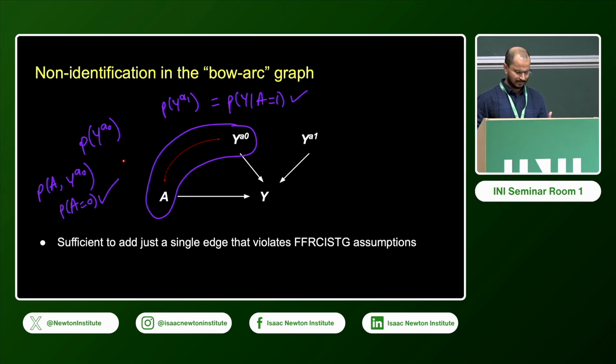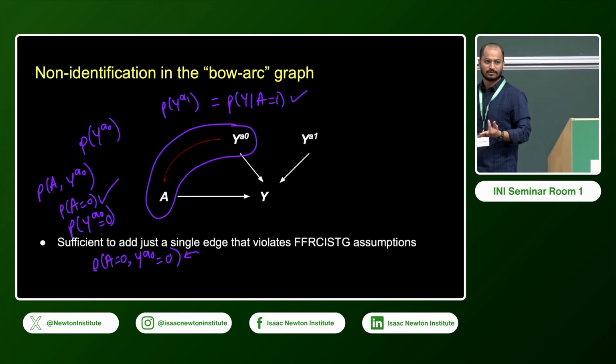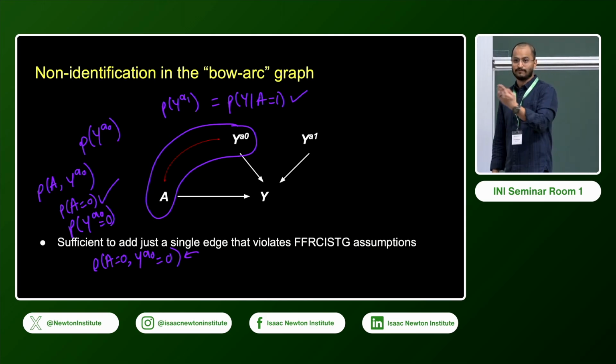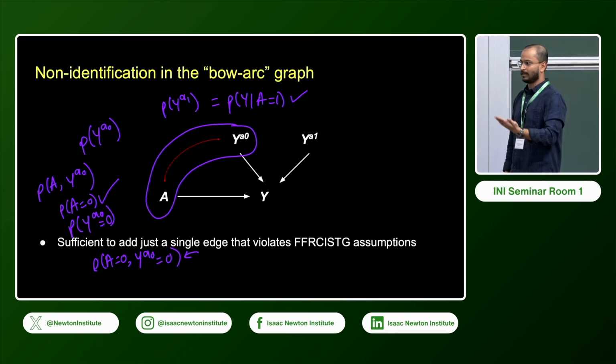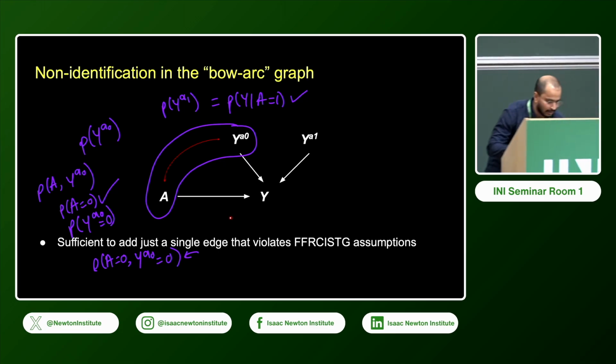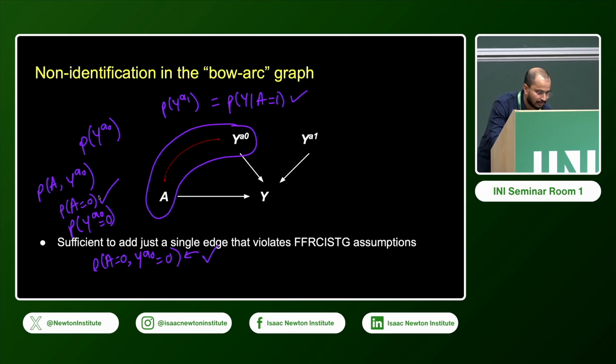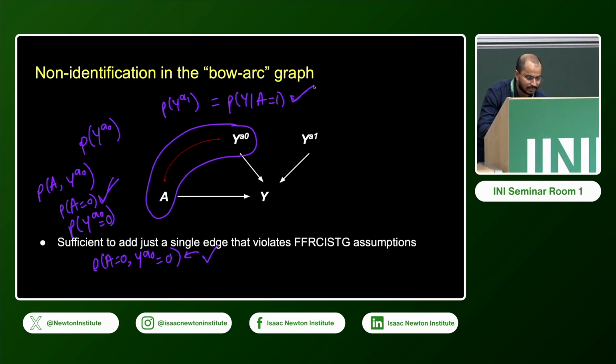No problem. I have P(Y^{a=0} equals 0). And then I have the joint probability P(A equals 0, Y^{a=0} equals 0). This joint probability is actually identified just by consistency, because I have A being equal to 0. I've chosen a very convenient reference value here. I've done it intentionally to say that this is ID, this is ID, and this is ID.